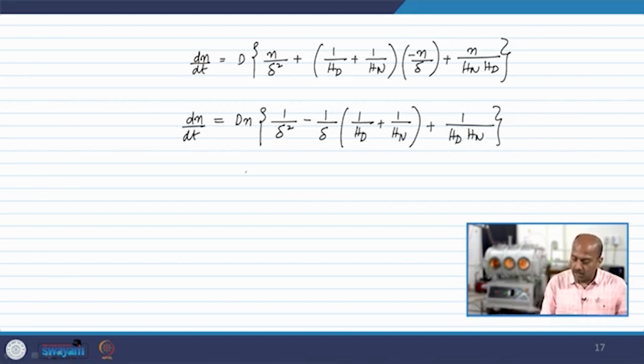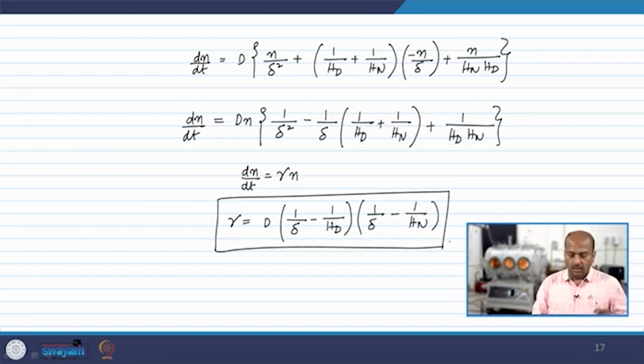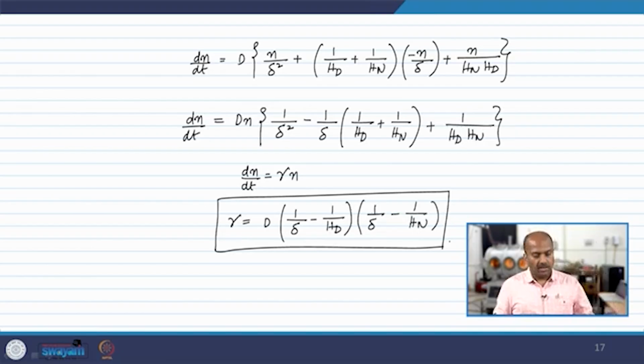So, we can write dn/dt as some constant gamma times n, with gamma equal to D times (1/δ − 1/Hd) times (1/δ − 1/Hn). If you are interested, you can check out the algebra.